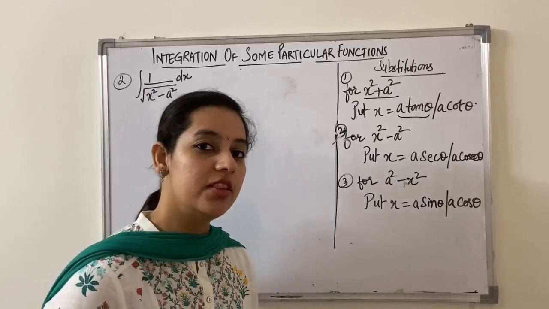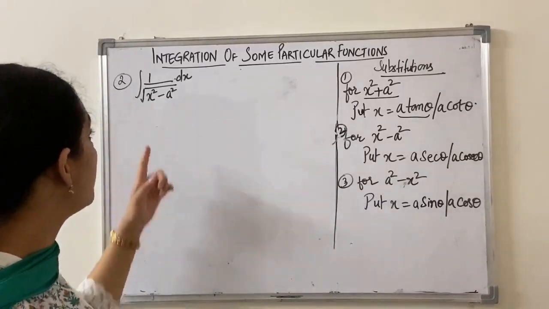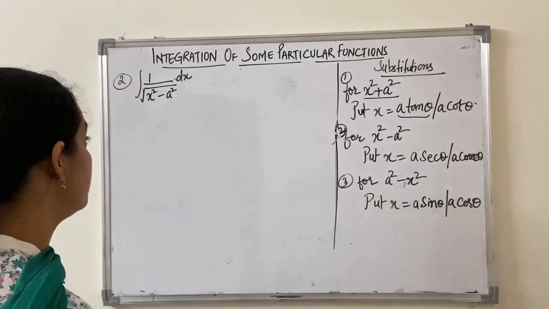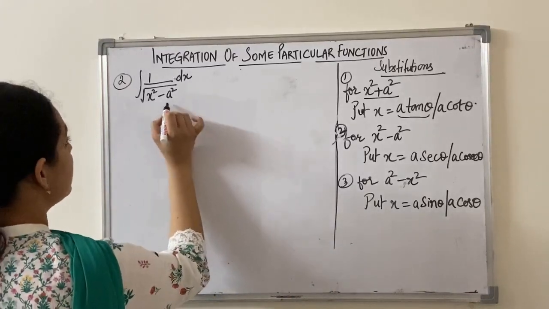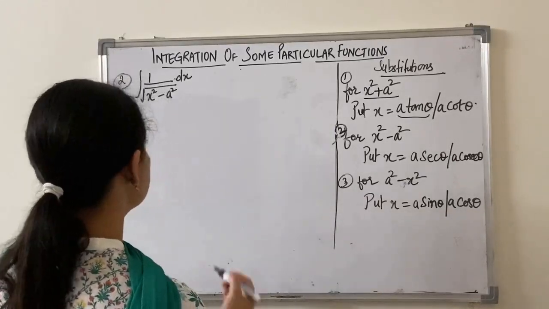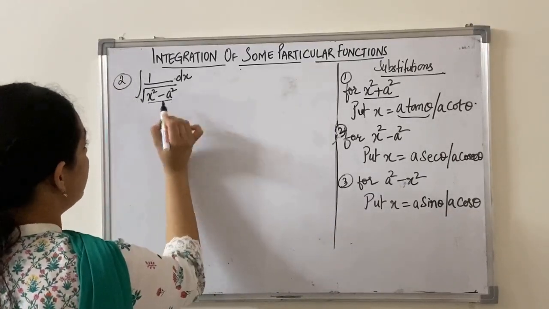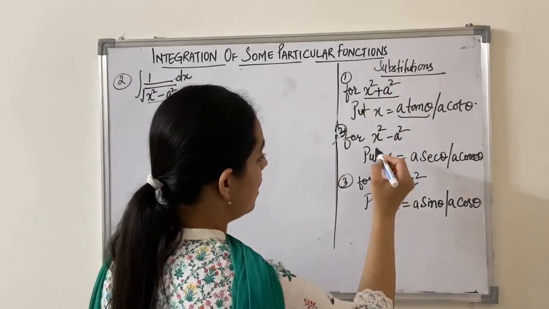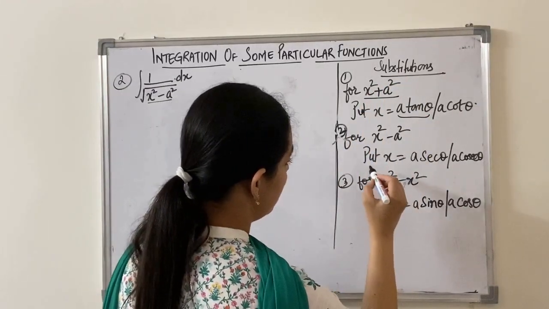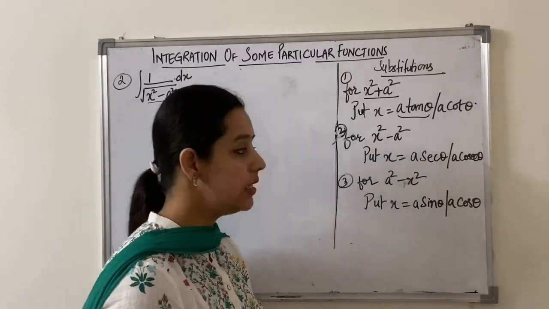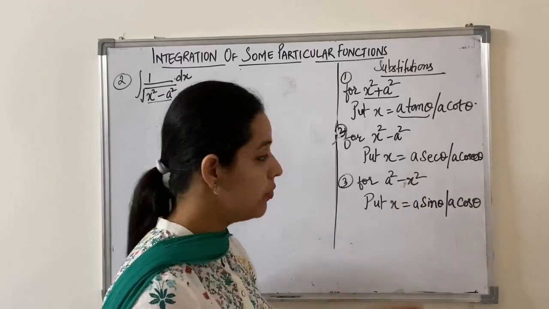Let us derive another formula, that is the integral of 1 upon under root of x square minus a square dx. So if you look at the function in the denominator, it is the square root of x square minus a square, and when we have the term x square minus a square, from the substitutions you can see that we can put x as either a secant theta or a cosecant theta, whichever you like.